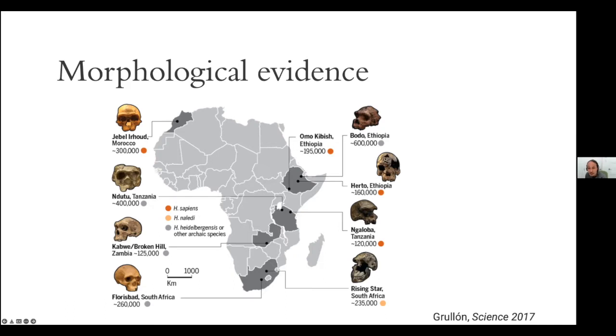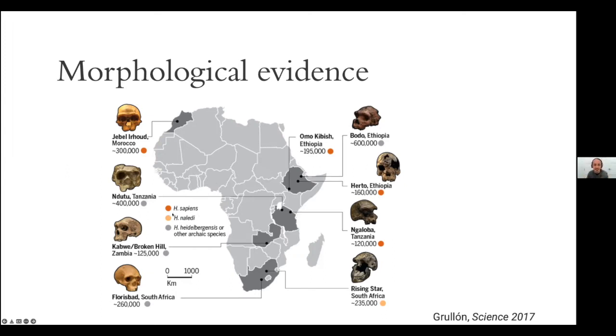And then we have other crania that look morphologically a little bit different, that look more archaic from our perspective, which is going to mean, from my perspective here, just more different from Homo sapiens. So we have them as well in different parts of Africa. And these have been classified by anthropologists into different categories.